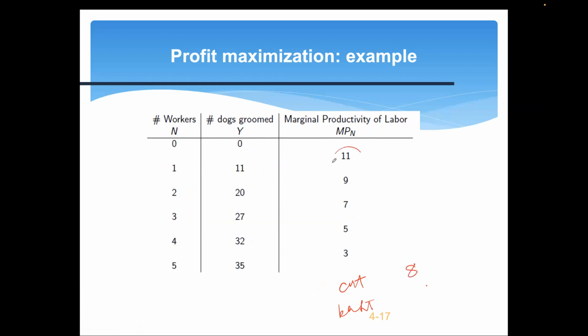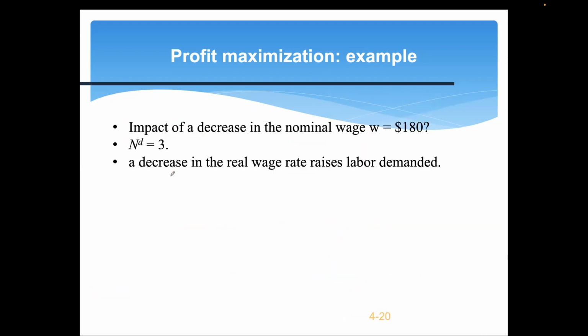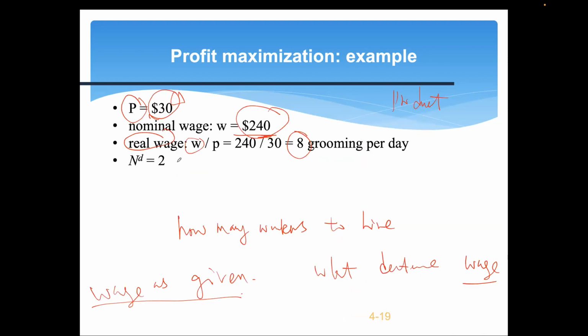Now the first one is going to bring 11, is a good hire because it's greater than 8. The second one is also good because it's greater than 8. The third one, no, because it's going to cost them 8, but they can only groom 7 dogs. So again, we get the same number of 2. So that's the optimal they are going to hire. Okay? So in other words, here, ND equal to 2.